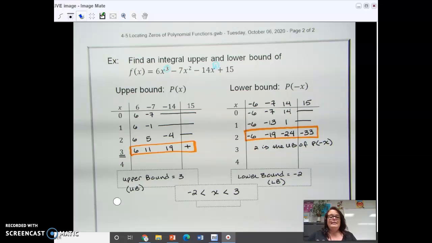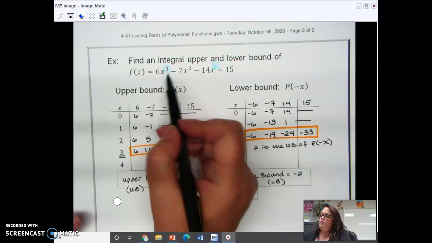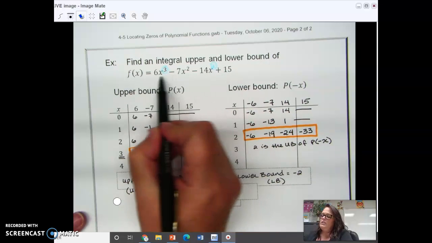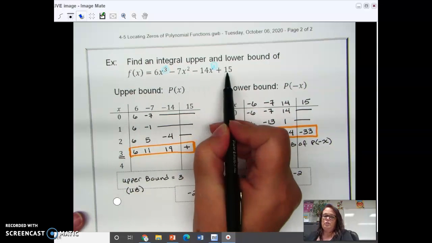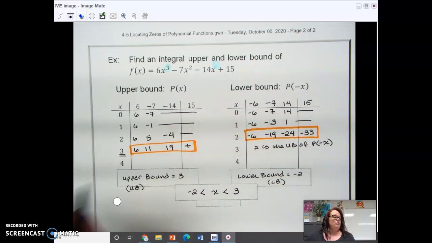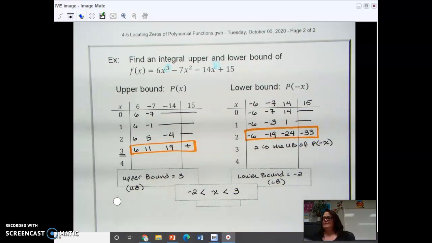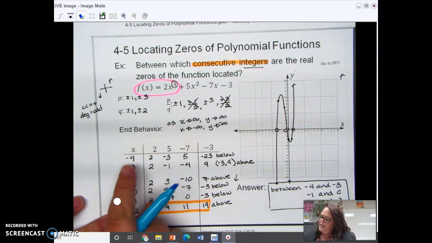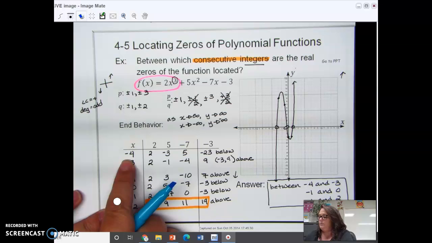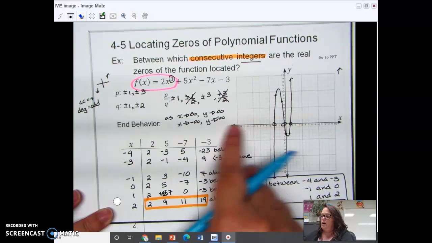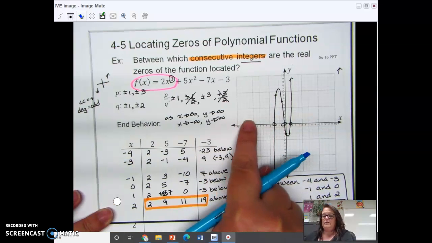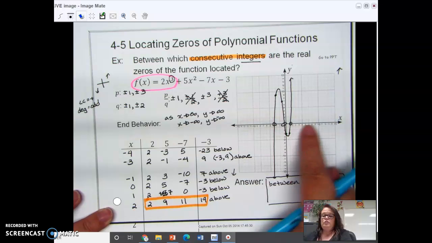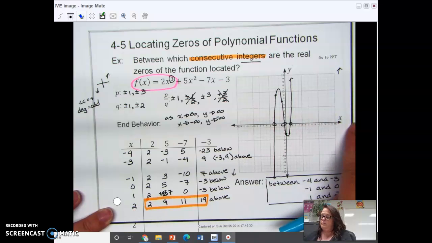Okay? Now, here's the beautiful thing. If you notice, I end up changing the sign of every other term. So let's come back here and take a look at something interesting. Here, negative 4 would be the lower bound because that is a number where there are no more zeros to the left of negative 4. Just like positive 2, there are no zeros to the right of positive 2.